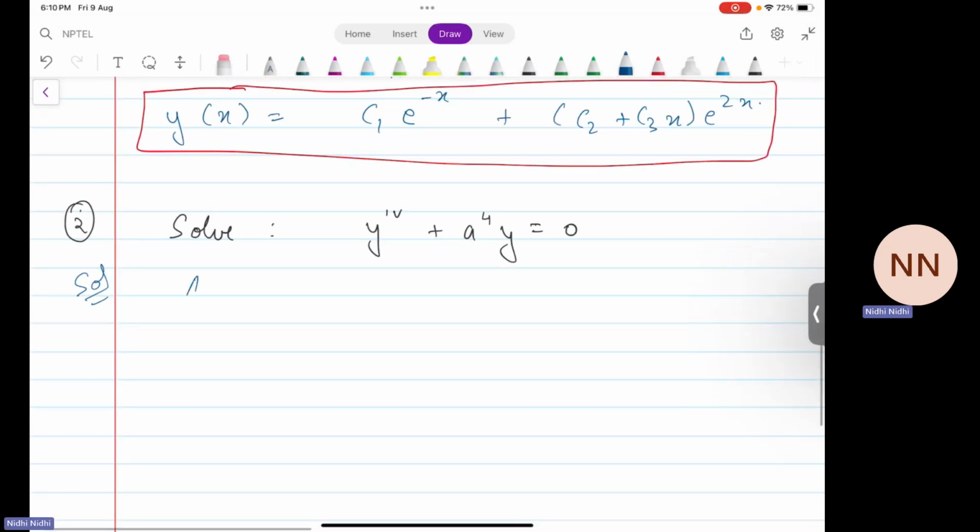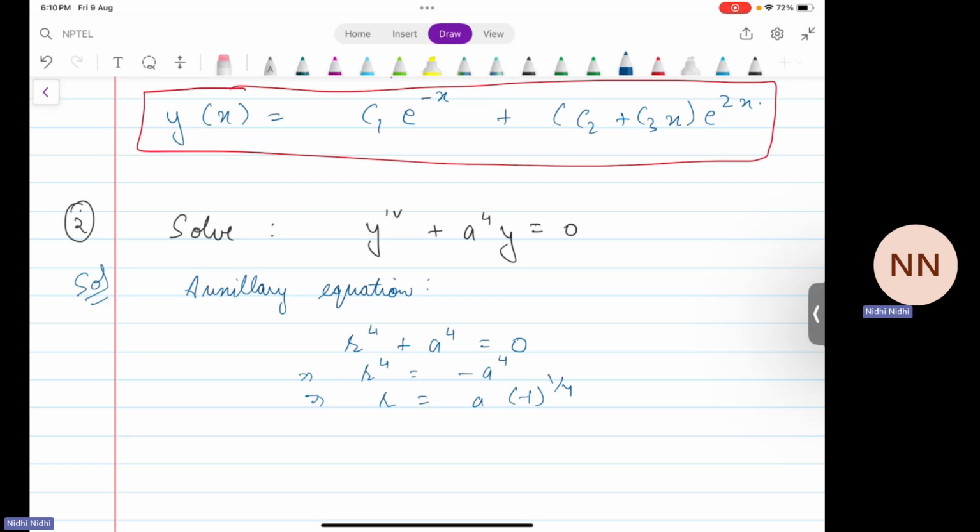Now the auxiliary equation is given by r power 4 plus a power 4 equals 0. This gives us r power 4 is equal to minus a power 4. This gives us r is equal to a times the fourth root of minus 1.